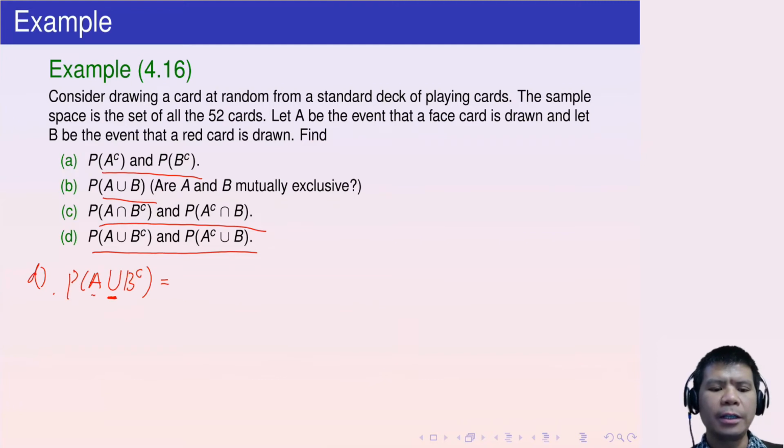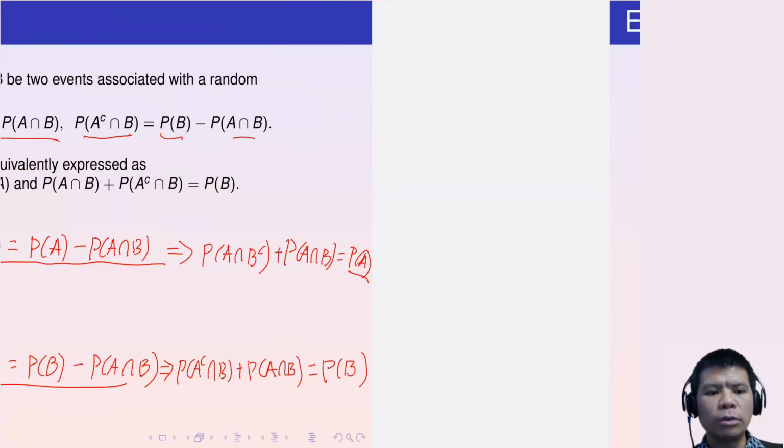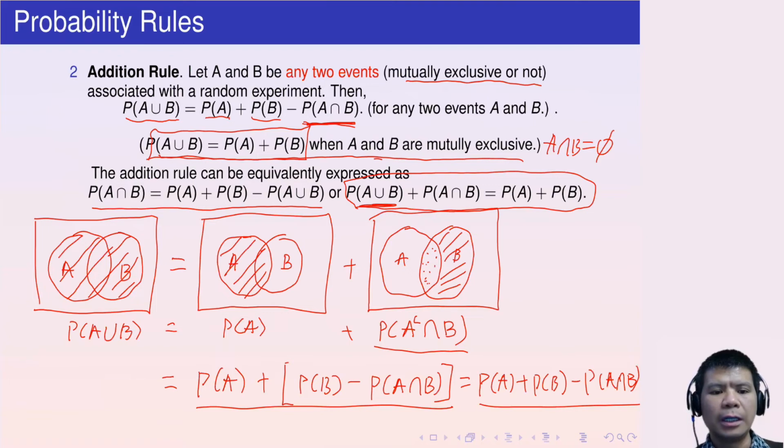One is A, the other is B complement. So we are going to use the addition rule because it is a union. Remember the addition rule: for one event and another event, it is the probability of the first event plus the probability of the second event minus the probability of their intersection.